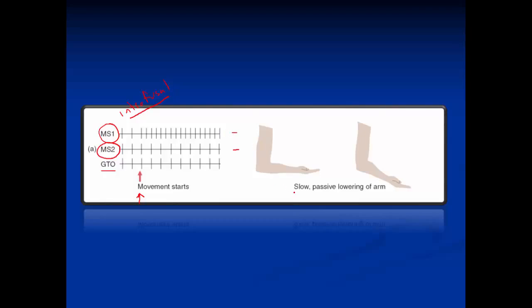The key being slow and passive. Okay. So in this particular example, one of the muscle spindles will react and increase firing. The other has no response. Okay, so in this case, we do detect the stretch, but it's a very mild response.